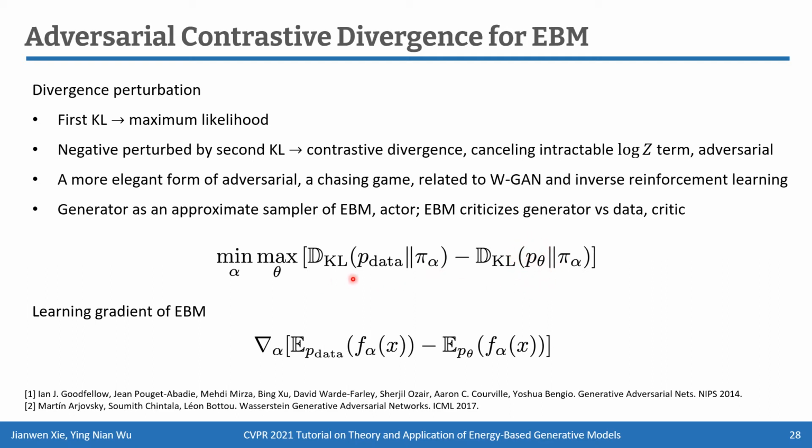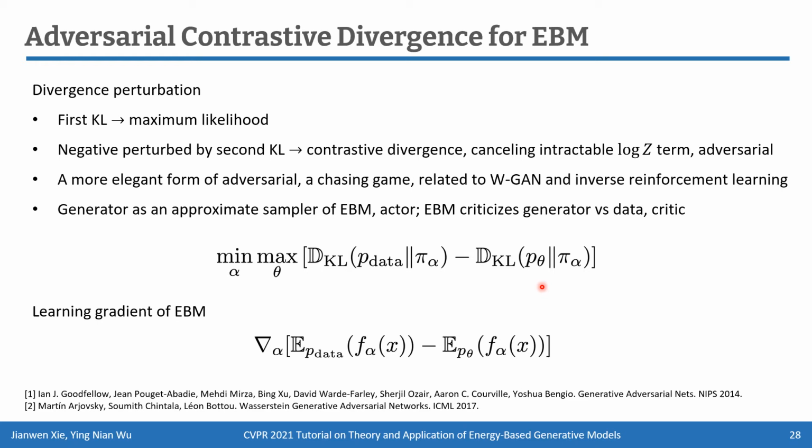Okay, so now if you look at this expression, the first KL divergence is between the data density and the density of the EBM. So this underlies the MLE, maximum likelihood learning for the energy-based model. However, the log Z term, we know, involves intractable expectations that can be approximated by MCMC. Suppose we don't want to use MCMC, then we can use a generative model as an approximate sampler.